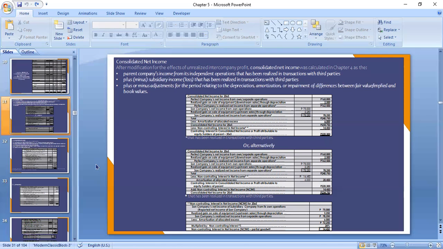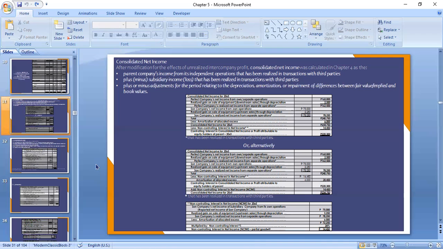Now, for the non-controlling interest in net income, it is computed as the net income of Sun Company from its own operations, as we have computed above, 75,000, plus the realized profit from the upstream sale. Now remember that this is the subsidiary's income.